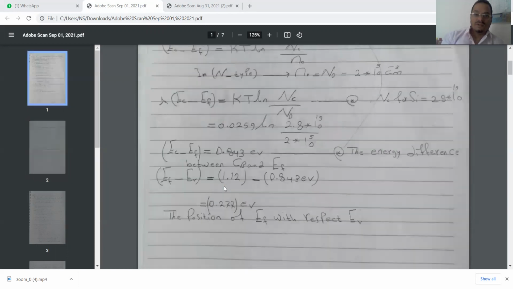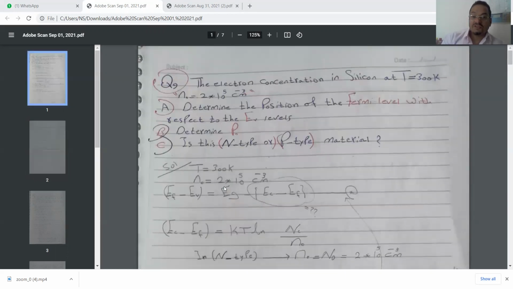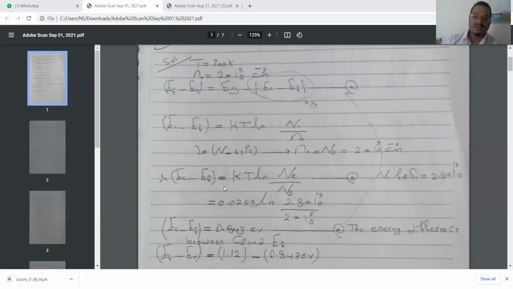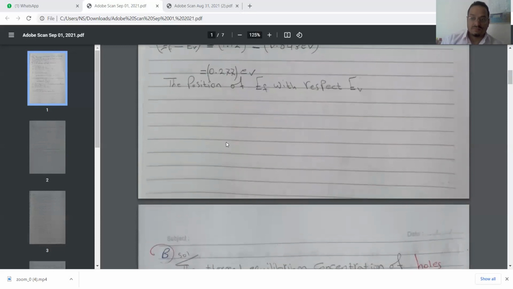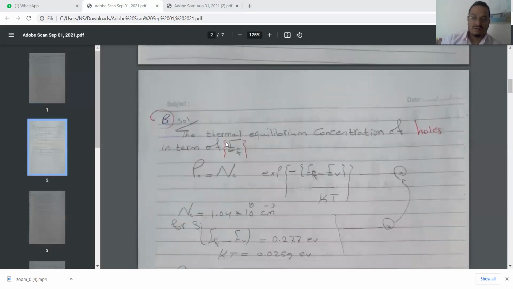Now, let's go to requirement B, determine P naught. P naught means the concentration of holes at the valence band. Like I said before, we're dealing with N-type. N naught is the majority, P naught the minority. That means the author wants us to calculate the minority hole concentration in the N-type.